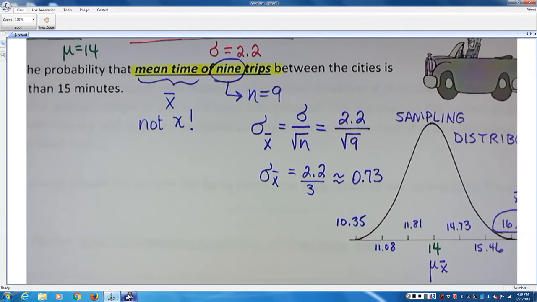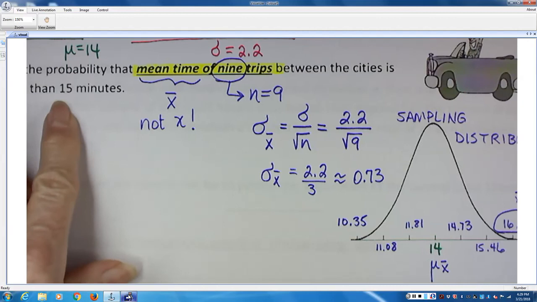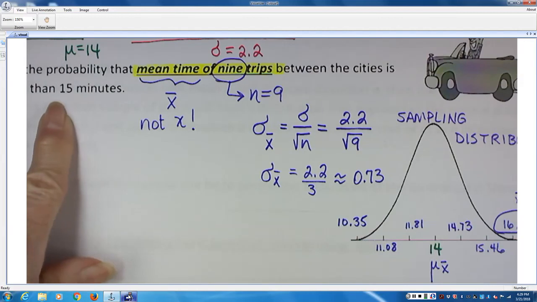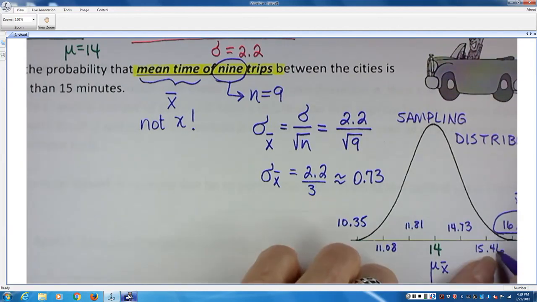So when we answer this question, what's the probability that the mean time of 9 trips between the cities is more than 15 minutes? Look where 15 minutes is.